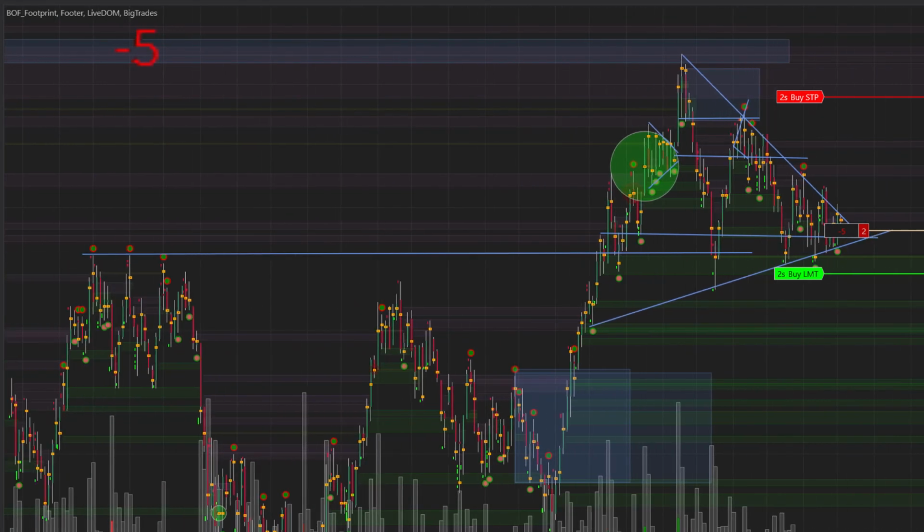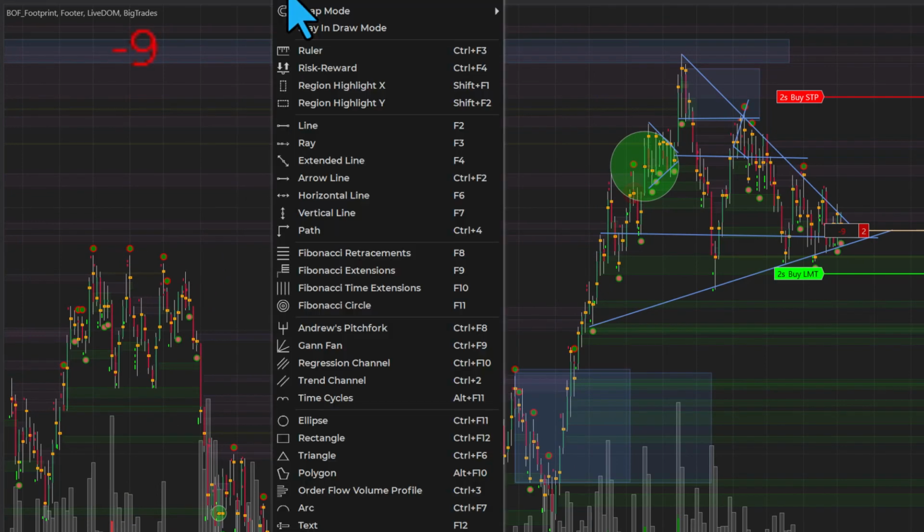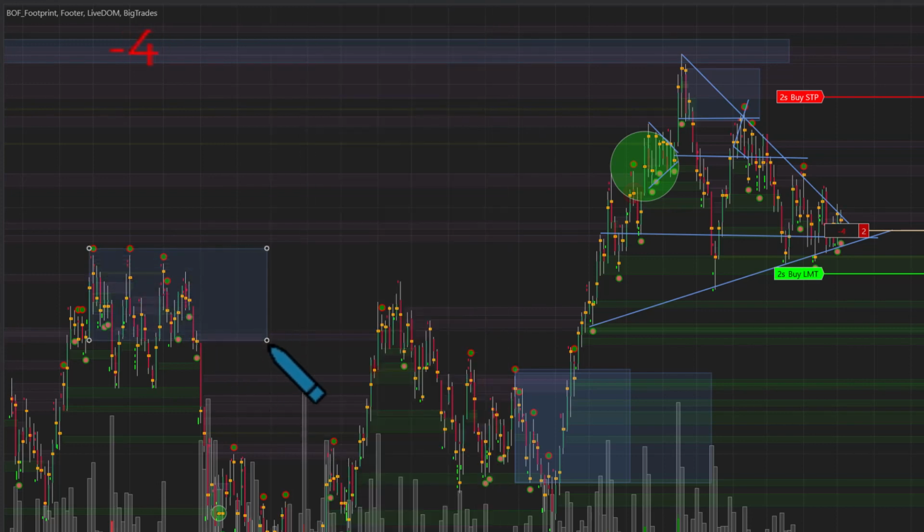There's another point of friction. This is the block. That is a resistance block, by the way. Let me place a rectangle. This is the resistance block.